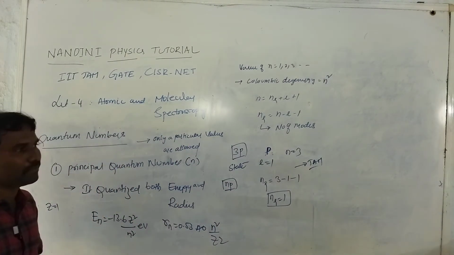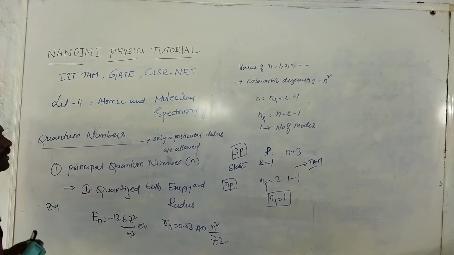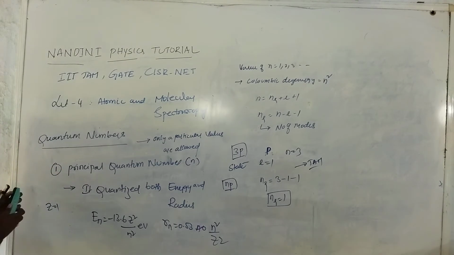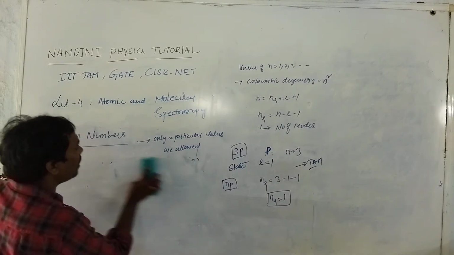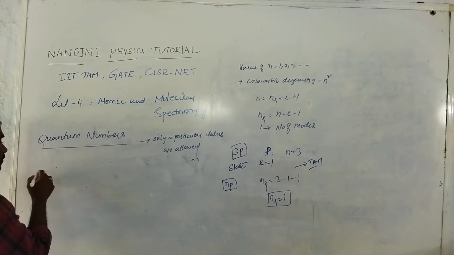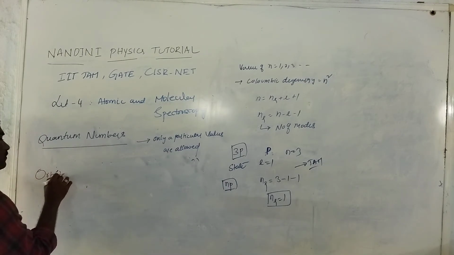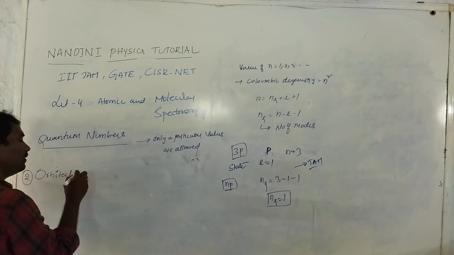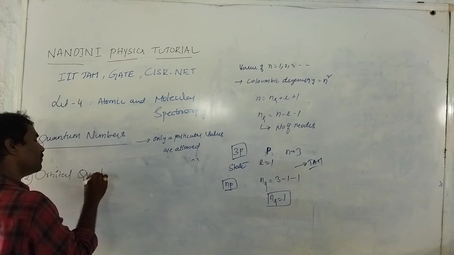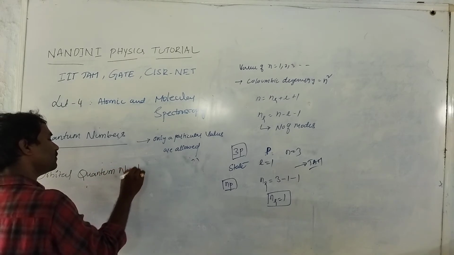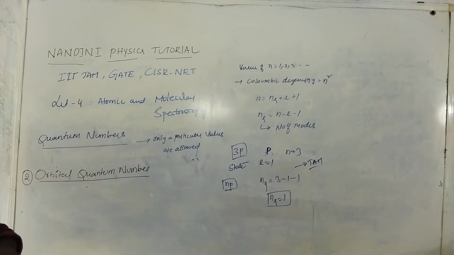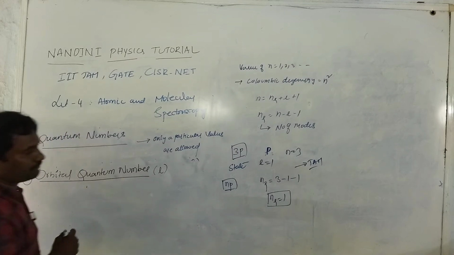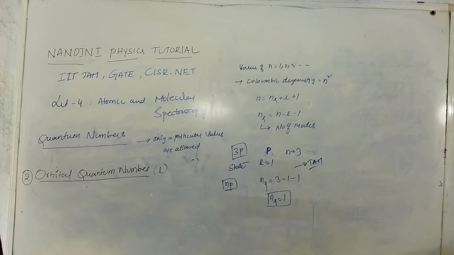So this is about the principal quantum number. Next, the second one is the orbital quantum number. The orbital quantum number is represented by L, and this is also quantized.